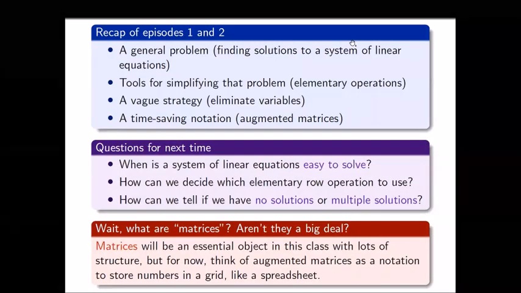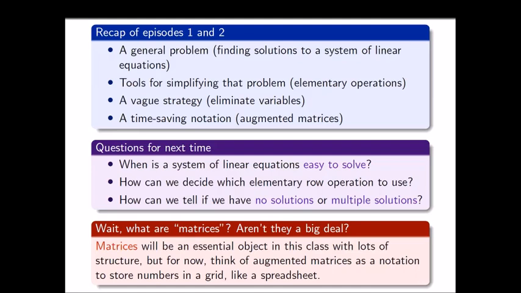So what we've done in the first two episodes is we defined a general problem. We provided tools for simplifying that problem. We gave a vague strategy to solve the problem, and we introduced a time-saving notation as well. Next time, we're going to answer the following questions. When is a system of linear equations easy to solve?